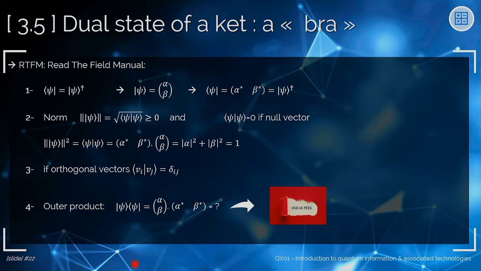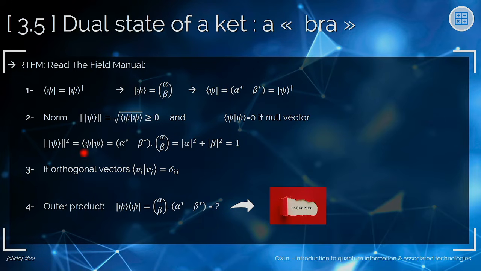First of all, we defined that already: the bra is the ket that has been daggered. So if I start from this column vector, I end up with this line vector.